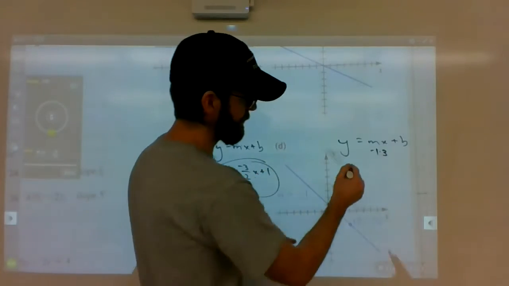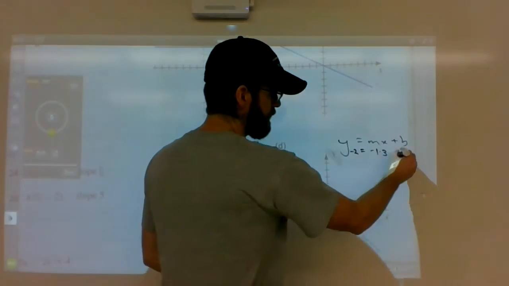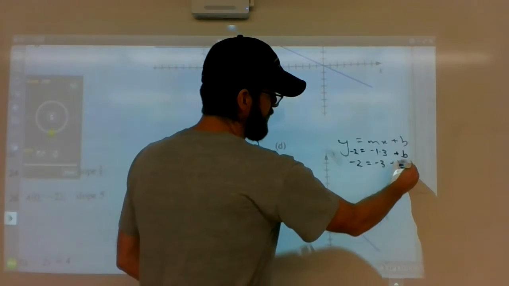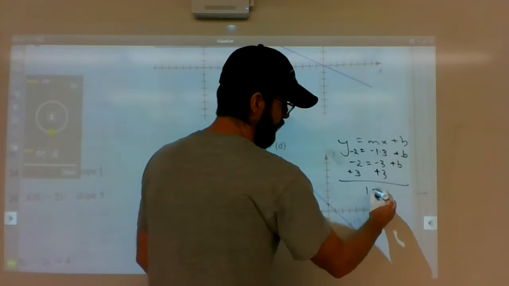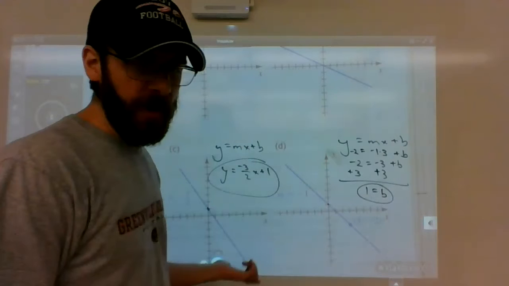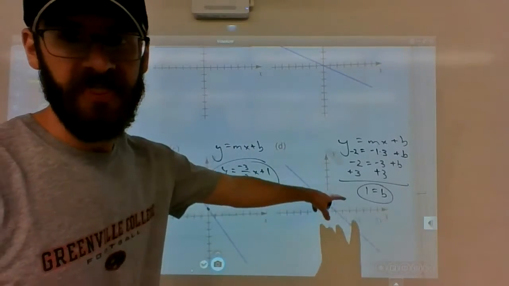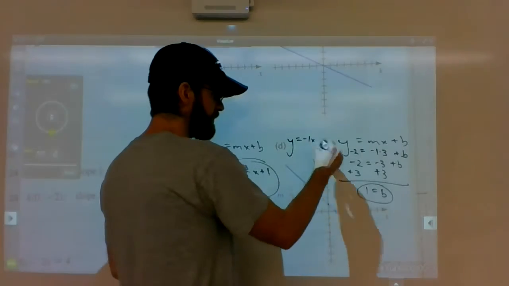Strike that, reverse it. 3 goes in for x. -2 is your y value plus b. So -2 is equal to -3 plus b. Of course it goes through 1. -2 plus 3 is 1 for our b. So that wasn't necessary, but just in case you wanted to confirm it, that's what you'd do. Y equals -1x plus 1.